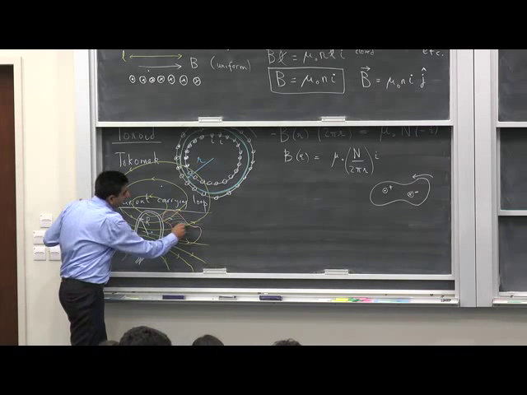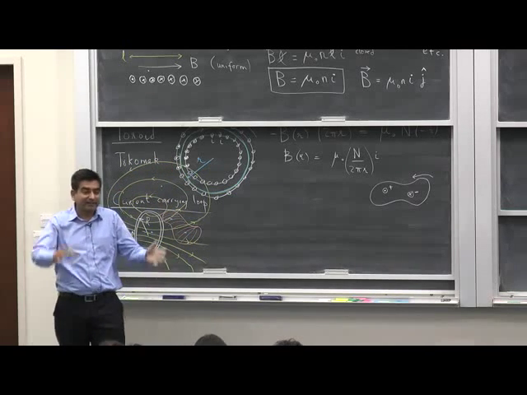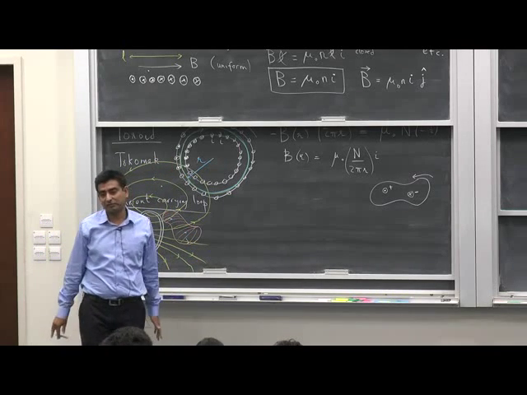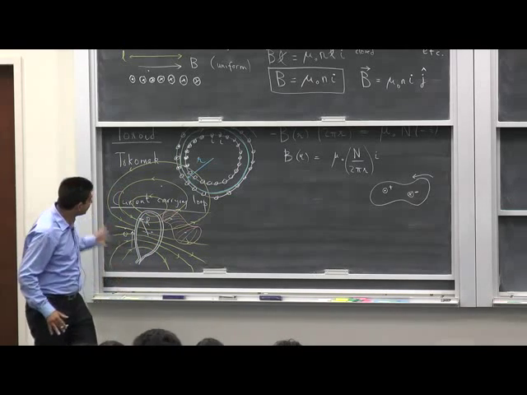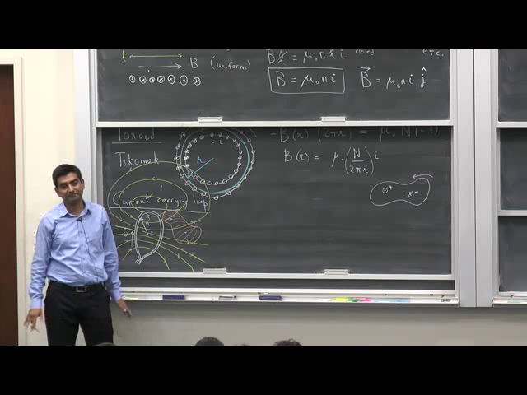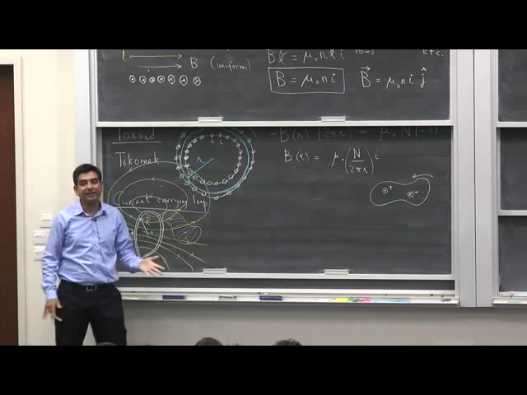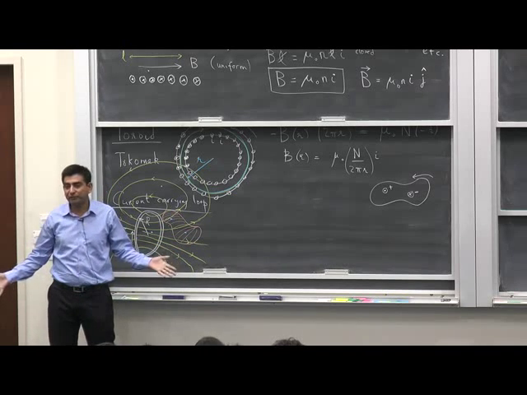So I'm shading this surface. And it's a closed surface, like the kind of surfaces you draw in Gauss's law. Now there are field lines coming into this surface and there are field lines going out of this surface. Now the total number of field lines coming in, all of them have to go out of the surface.